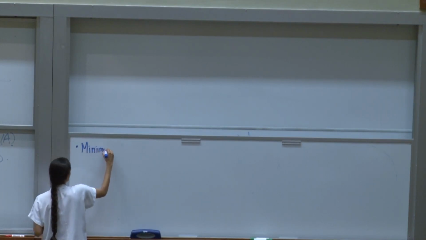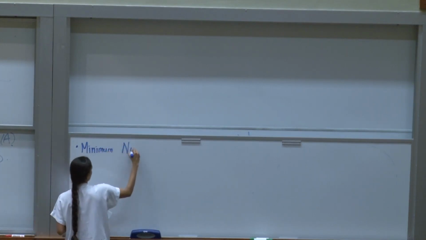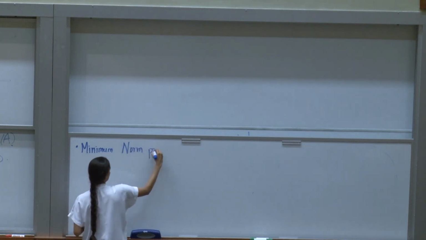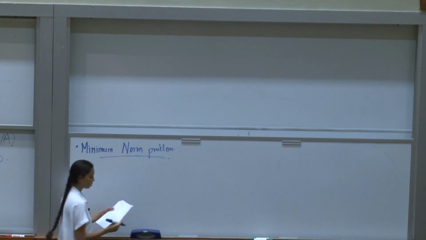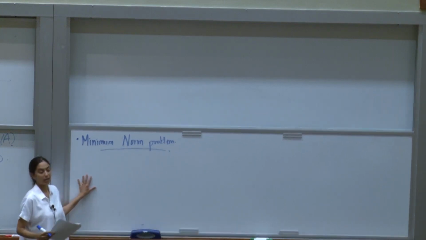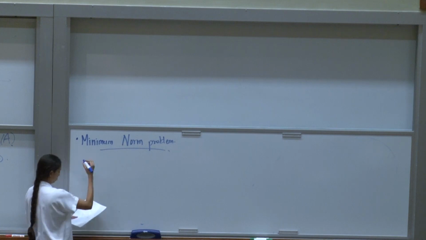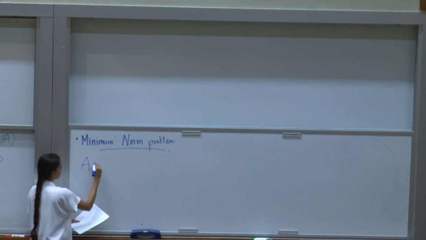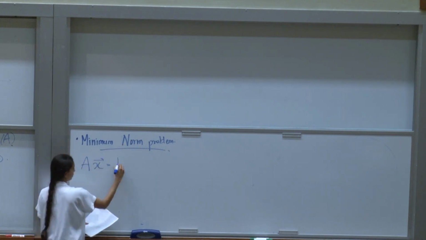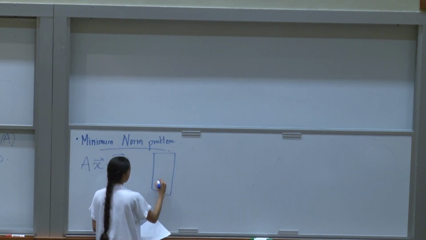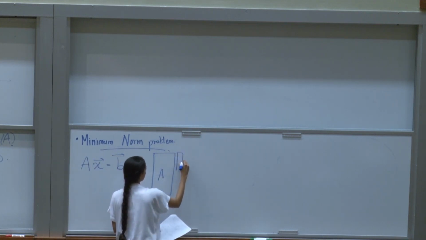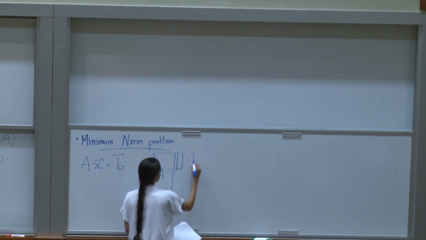The minimum norm problem. Okay? So least squares helps us understand problems of the following sort. Ax equal to b when A is a tall matrix.